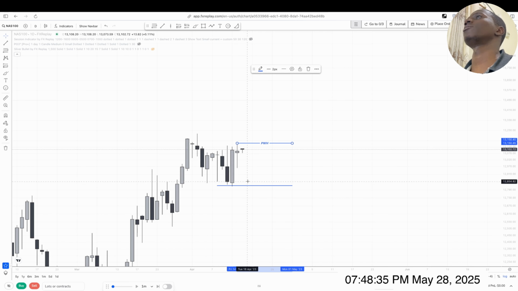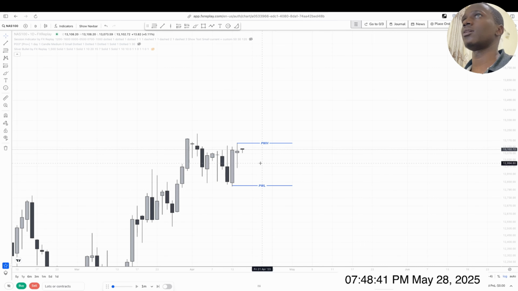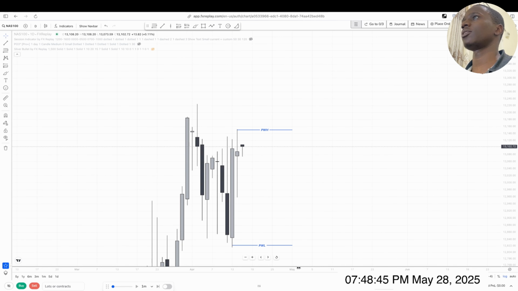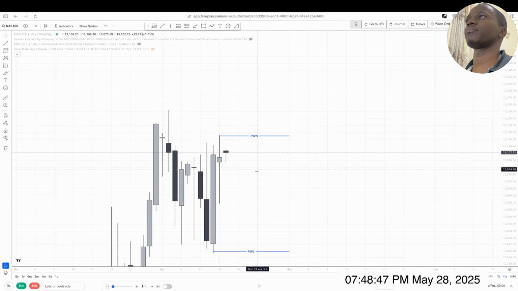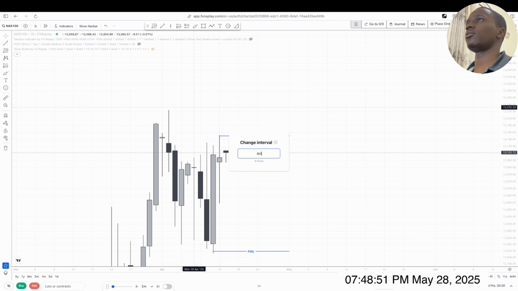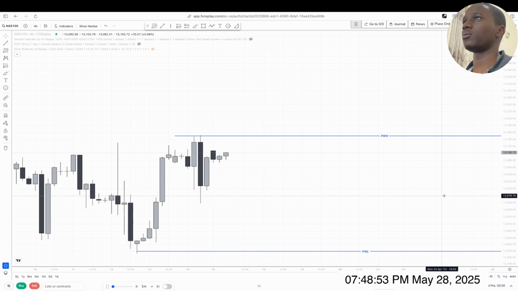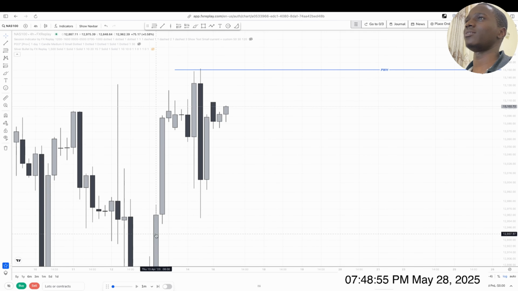This was the previous week's high, this was the previous week's low. Then on the daily, you can see previous week's high corresponds with previous day high, which means it's a strong level of liquidity.